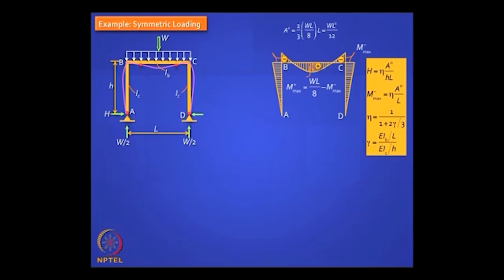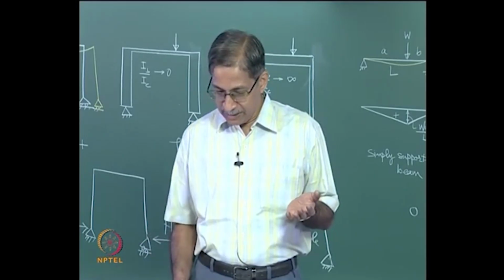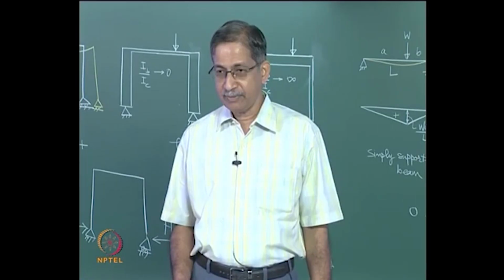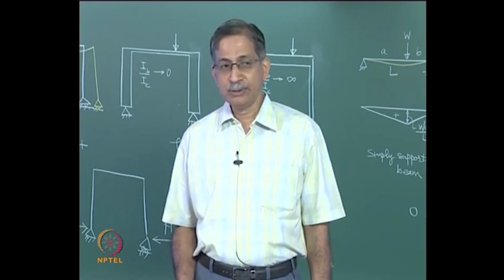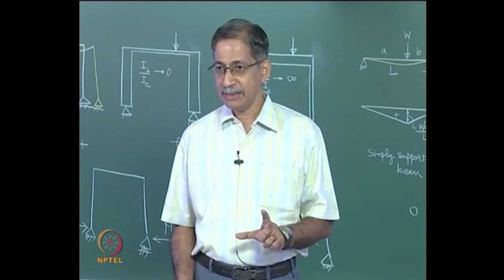The bending moment diagram in the beam will be a parabola which gets lifted up by capital H into small h, and its value is, the area of that free moment diagram, is 2/3 into WL by 8, because it is a parabola, right?